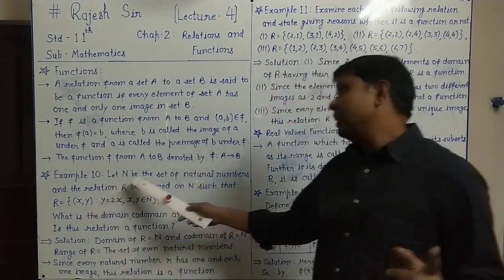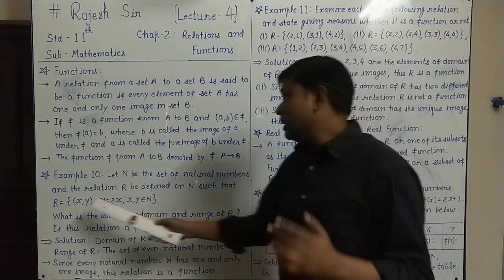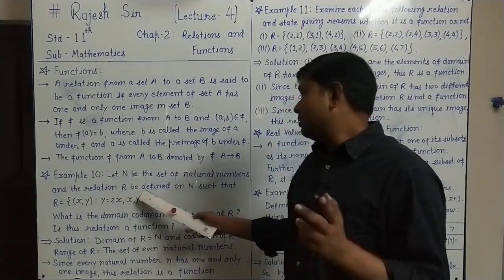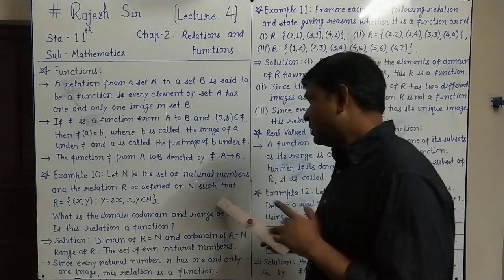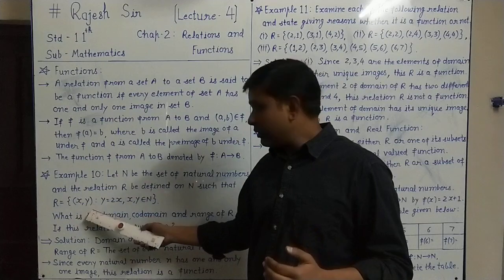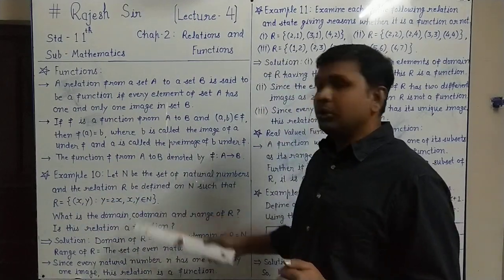Example 10. Let N be the set of natural numbers, and we define a relation R on N such that R = {(x, y) : y = 2x, x, y ∈ N}.